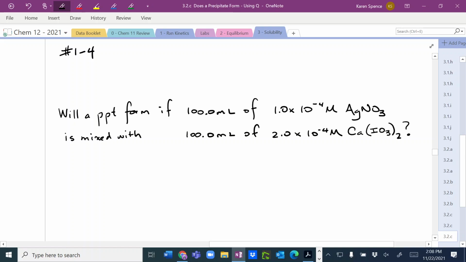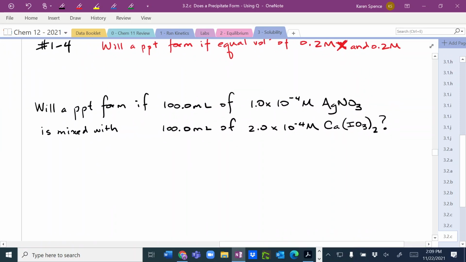Now, up until this point, when you have been doing questions that involve will a precipitate form, they have looked like this. Will a precipitate form if equal volumes of 0.2 molar X and 0.2 molar Y are mixed.